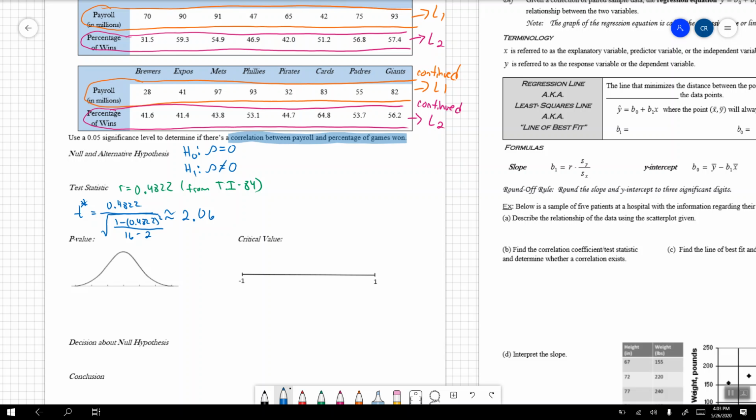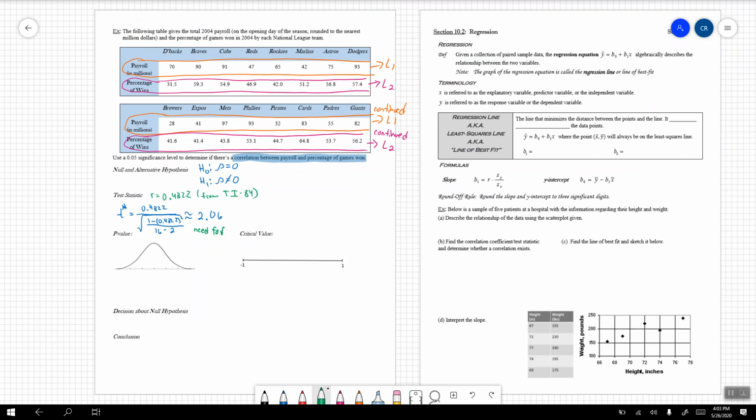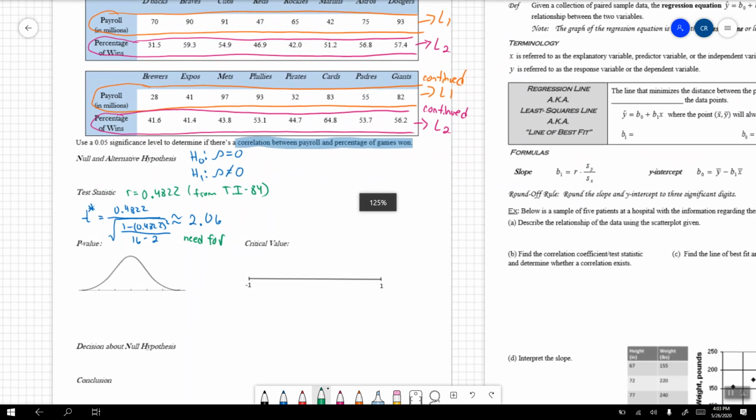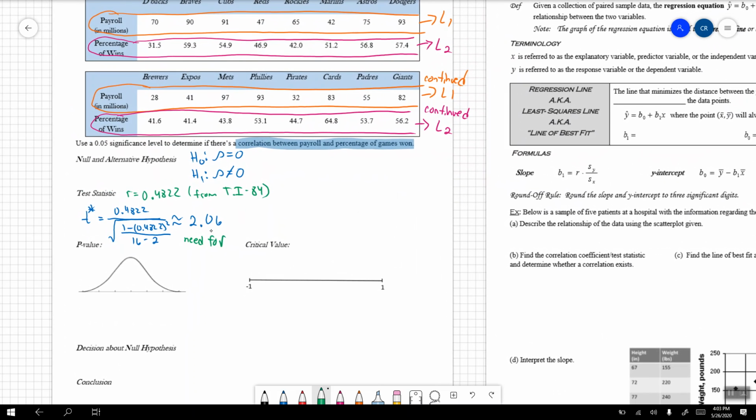All right? Now, remember, we need this test statistic for the p-value test. All right, so why do I need it? Well, I need it because I'm doing a two-tailed test here.